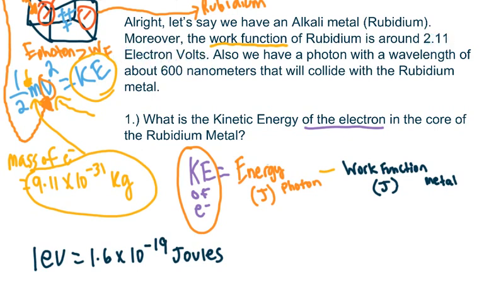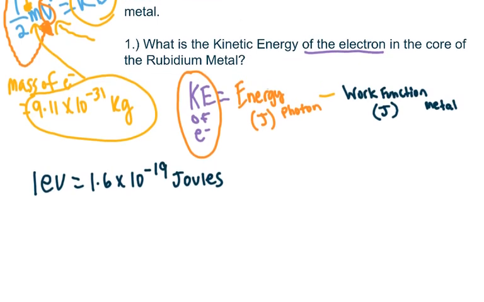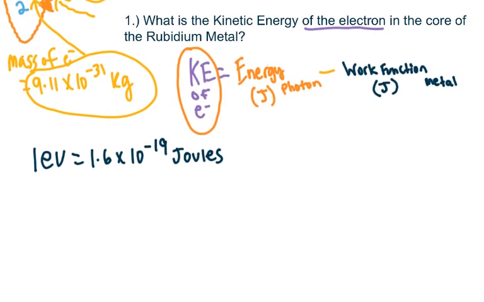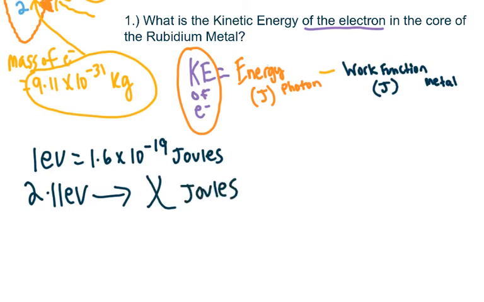You probably already know to just multiply, but let's show the proportion. So 1 electron volt is equal to 1.6 times 10 to the negative 19 joules, so 2.11 electron volts will be equal to how many joules? X, we don't know.